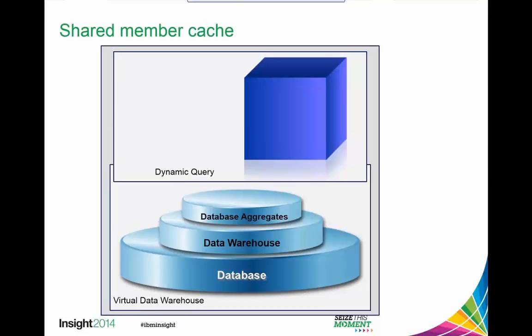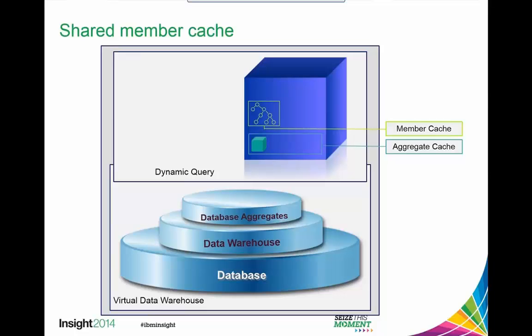Okay, so this should look somewhat familiar to most folks. This is our usual slide where we talk about all the extensive caching that we have here. As you might remember, when we start up a dynamic cube, the first thing that gets loaded is the member cache. So this is all the metadata, dimension, and member information loaded into memory. Once the member cache is loaded, the cube is running, and it's open for business, ready for queries to start running against it.